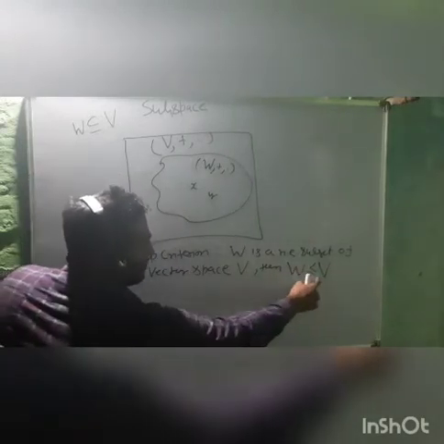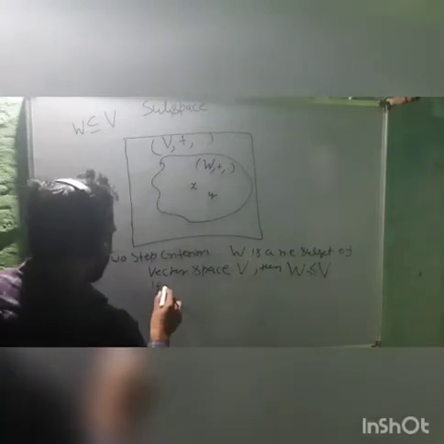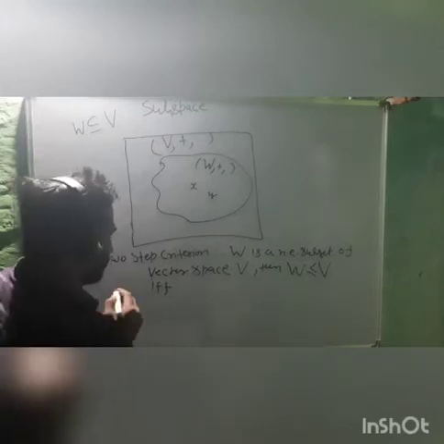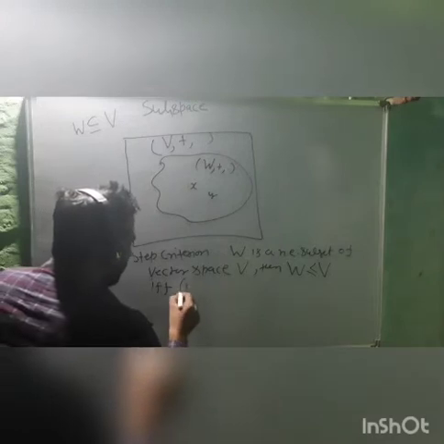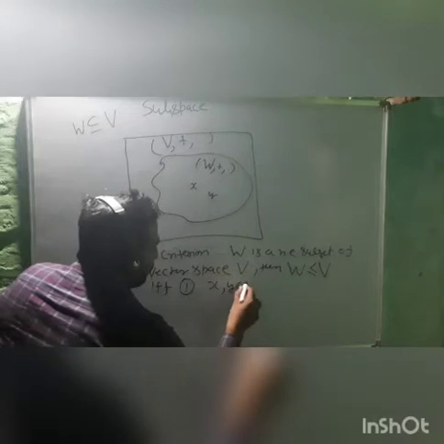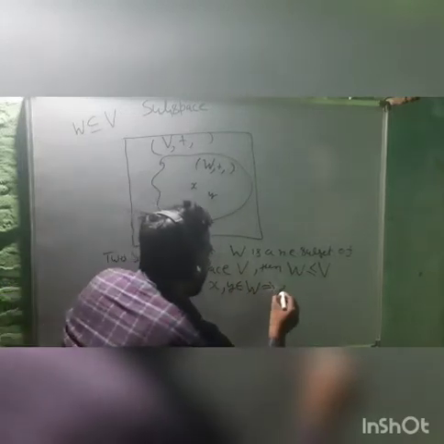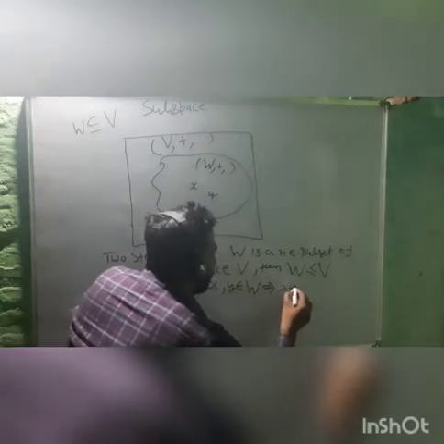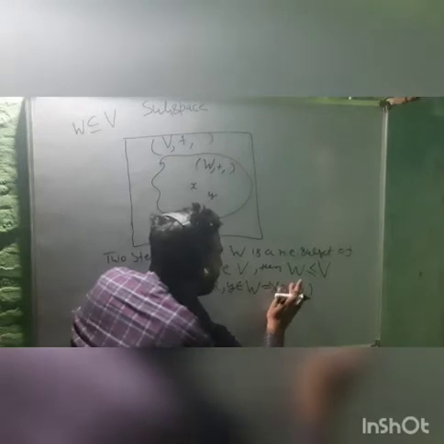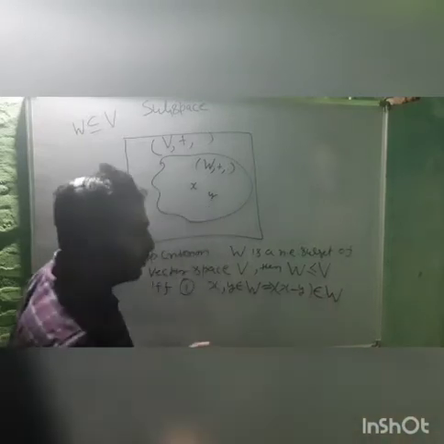This notation means W is a subspace of V if and only if, this is necessary and sufficient both, number one, any X, Y belonging to W must imply X plus Y, or let's go according to your book, X minus Y, must also be in W.